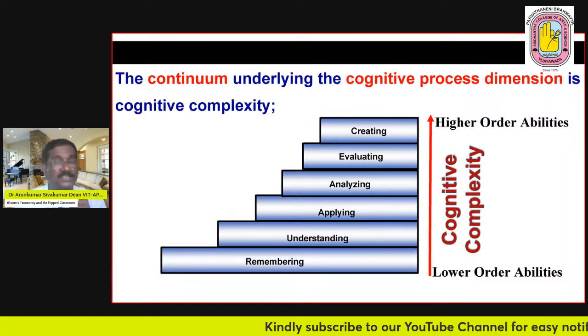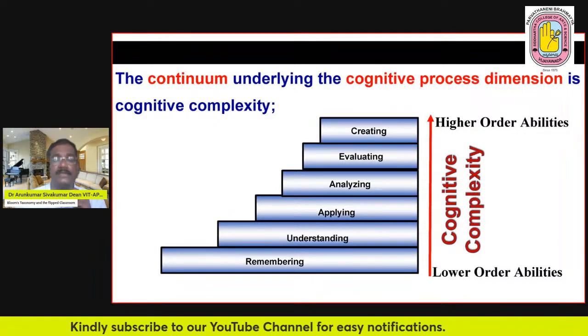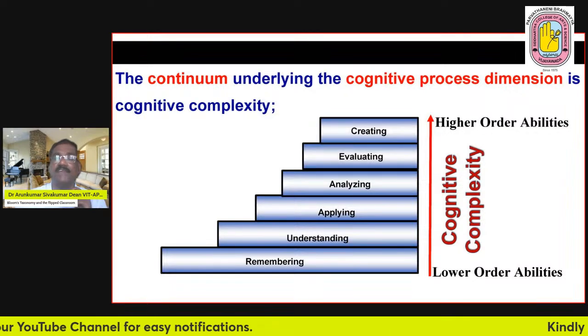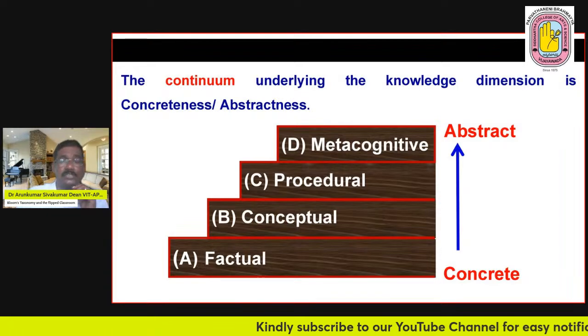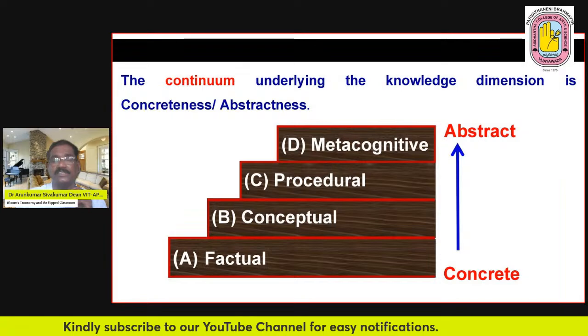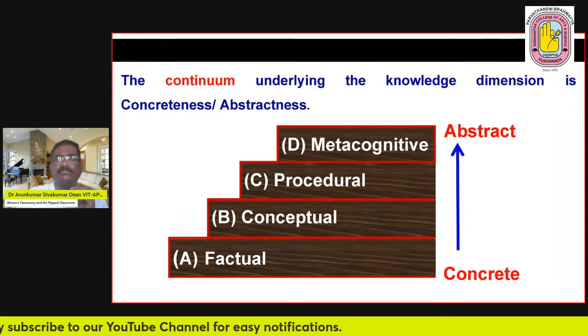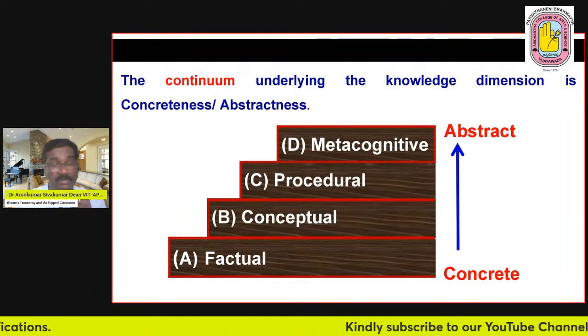We want creation of knowledge among the students, right? So they have to elevate to the next level of applying, analyzing, evaluating, and creating. It happens in the higher order abilities. And the continuum underlying the knowledge dimension is concreteness and abstractness. So most people stay at the concrete level; we have to elevate them to conceptual, procedural, and metacognitive levels.